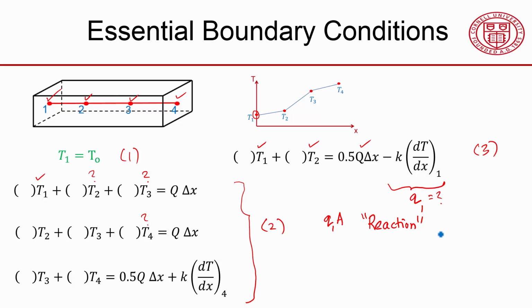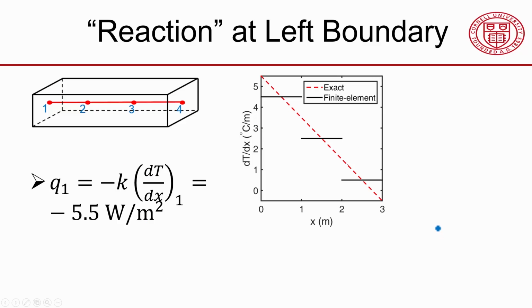And if I plug in the numbers, I get that the flux at that boundary is minus 5.5 watts per meter squared. And I picked K to be 1 in SI units, so dT/dx is just the negative of that, and that's 5.5.